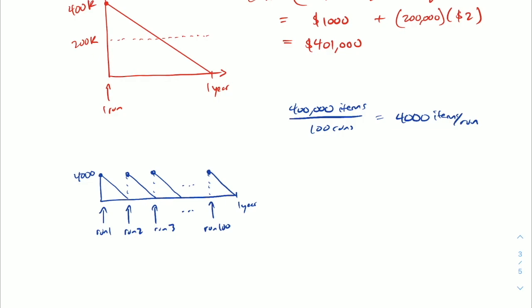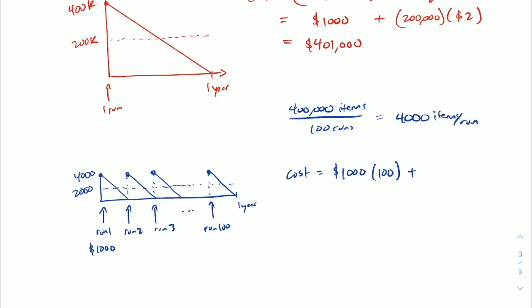Okay, so each of these runs costs $1,000. So our cost is going to be $1,000 setup cost per run times the number of runs, so times 100, plus the amount in storage that we have. On average, we'll have half of 4,000 in storage, so 2,000.